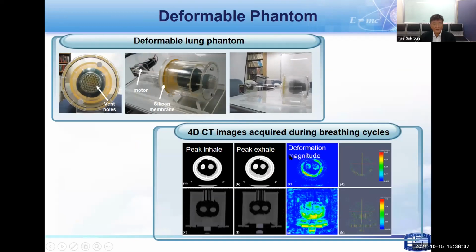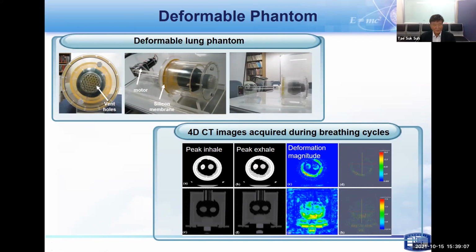In addition to 3D rigid body motion, actually, we need to consider deformable motion. So we developed a deformable lung phantom. This is a prototype of the lung phantom. And we tested and evaluated the deformable phantom.